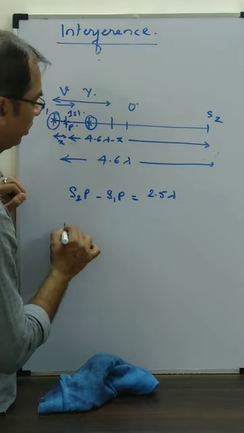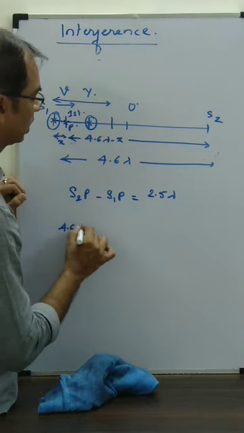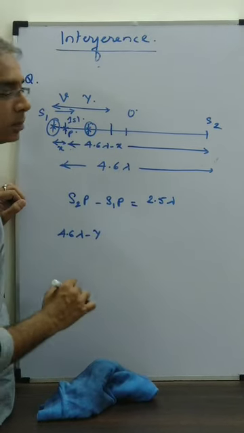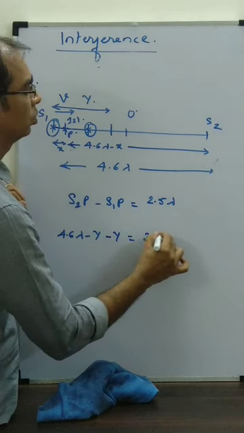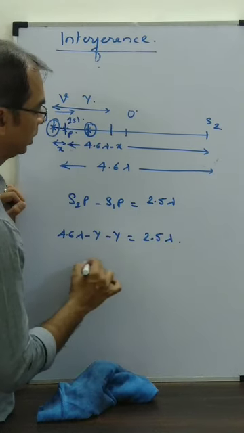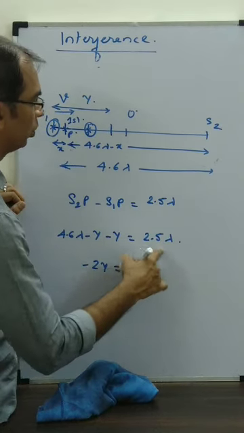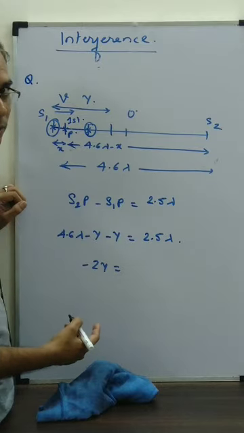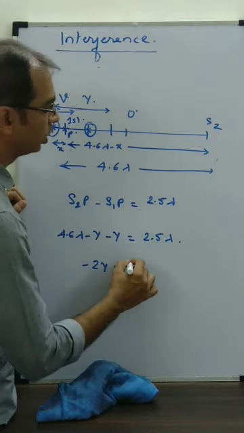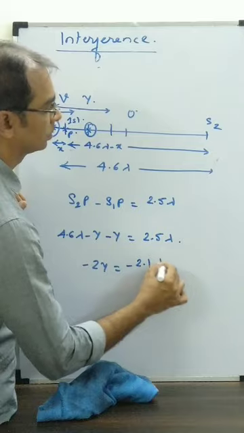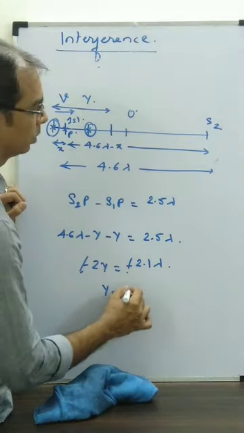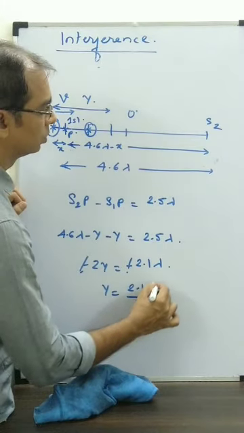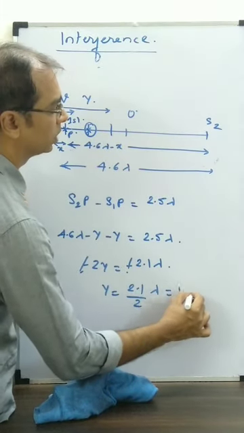Again, I will write it the same way, 4.6 lambda minus y. And what is S1p? y itself, equal to 2.5 lambda. So minus 2y equal to 2.5 lambda minus 4.6 lambda, which will become minus 2.1 lambda. Minus is getting cancelled. y is equal to 2.1 by 2 lambda, that is 1.05 lambda.